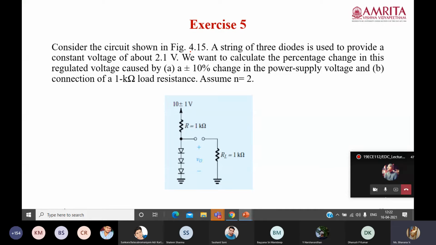Consider the circuit shown in figure. A string of 3 diodes is used to provide a constant voltage of about 2.1 volt. We want to calculate the percentage change in this regulated voltage caused by plus or minus 10% change in the power supply voltage, and second part, connection of a 1 kilo ohm load resistor.